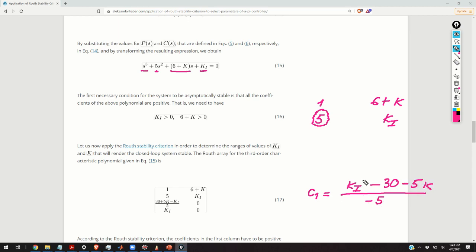Now, if we multiply these terms by minus 1, we obtain that C1 is (30 plus 5k minus ki) over 5. And this is the C1 element, which is given over here. The element over here is 0, since we don't have any continuation of the first and the second row, and we are done.